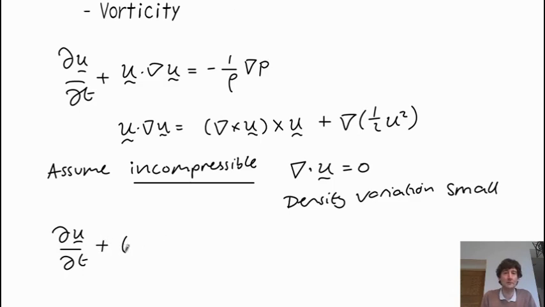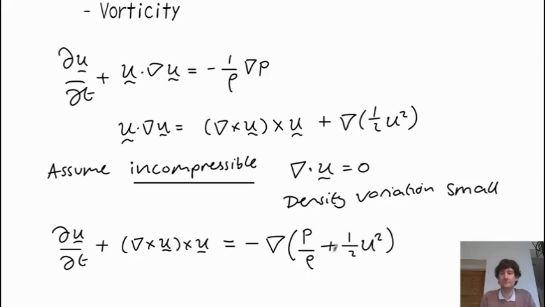So plus, this is coming just from here. Now we're going to move this term here onto the right hand side, and so it's just minus the gradient. Now I've moved the rho inside, so we have p over rho, and then this term as a plus a half u squared.